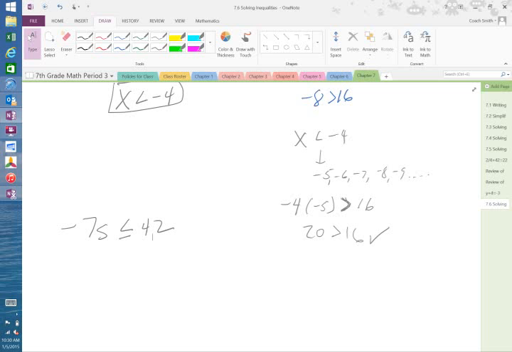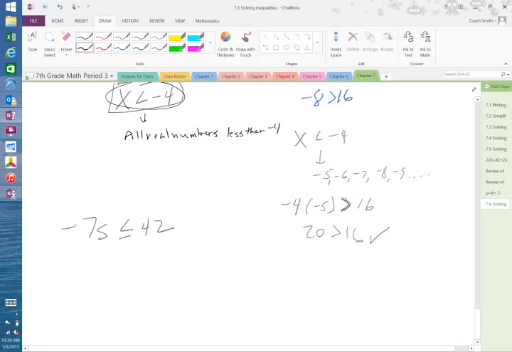Instead of writing it like this, they'll say all real numbers less than negative 4. That's how they'll write it. Same thing. Okay, I want it like this. I want it x is less than negative 4.